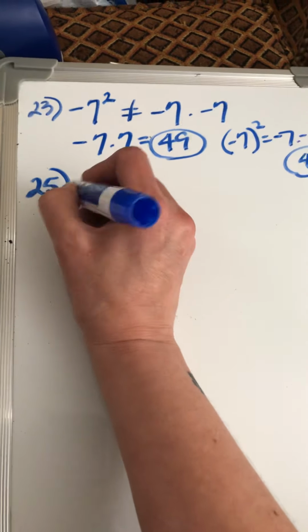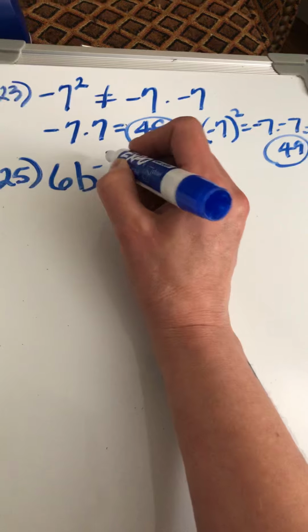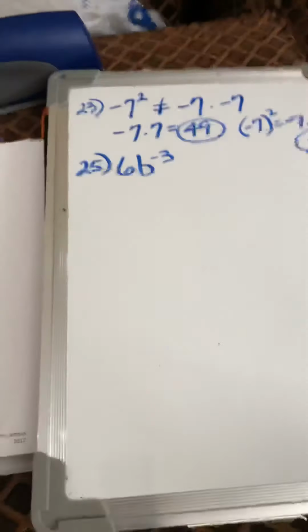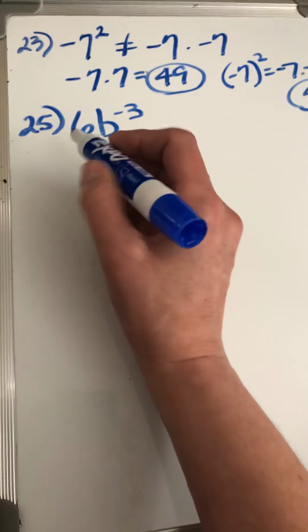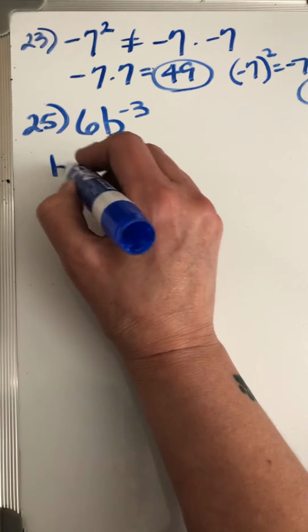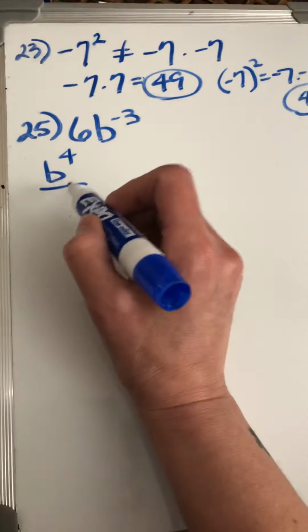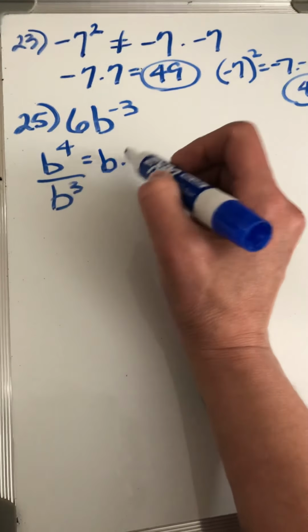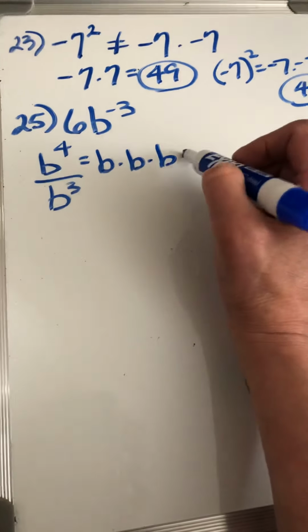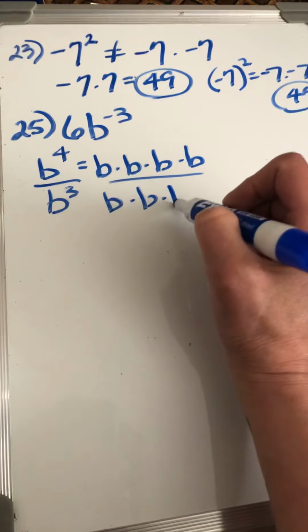25. 6b to the negative 3 power. Okay, so now I've got to do a little bit of preaching here. Let's come over here just on the side. If you have b to the 4th power over b to the 3rd power, what you have is b times b times b times b over b times b times b.